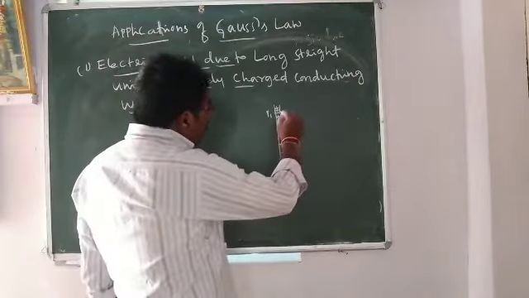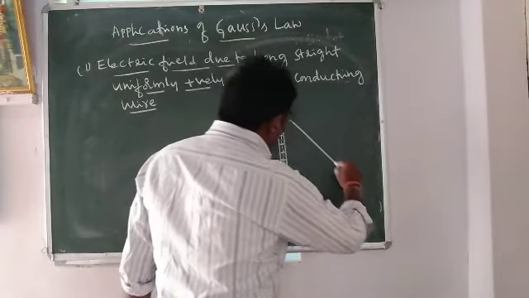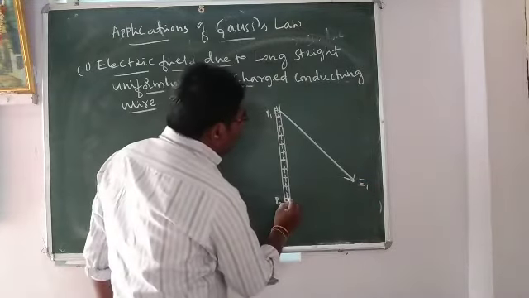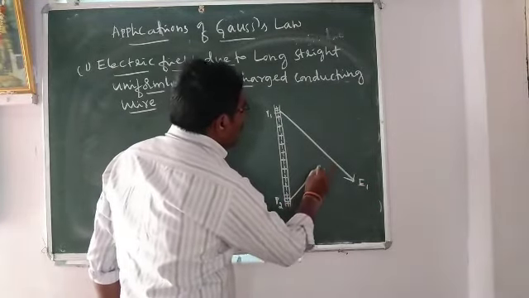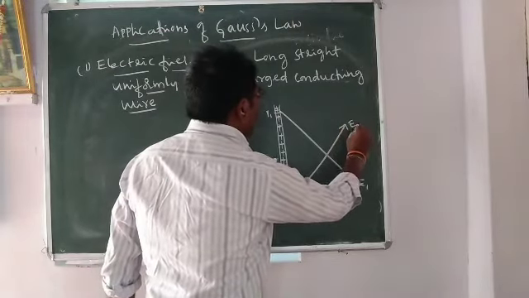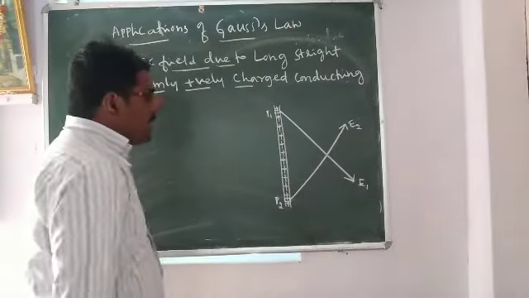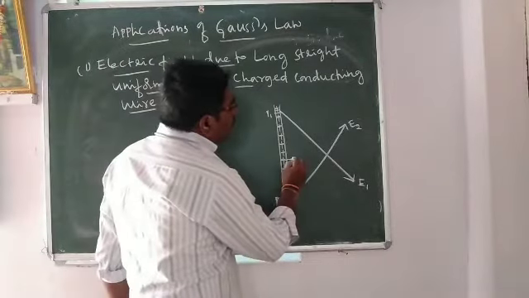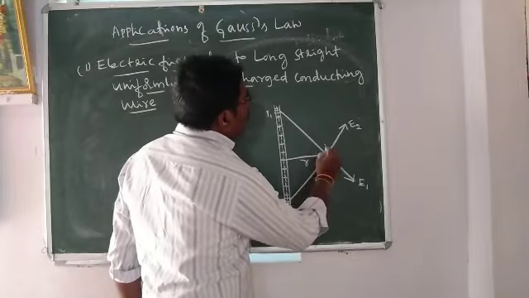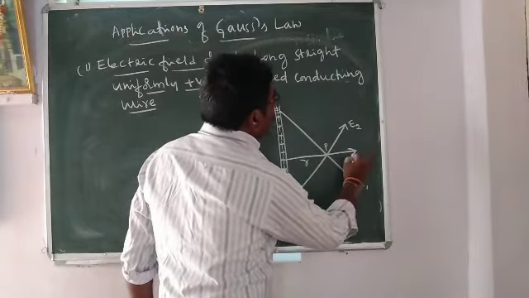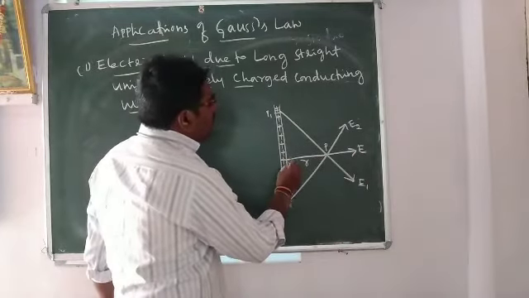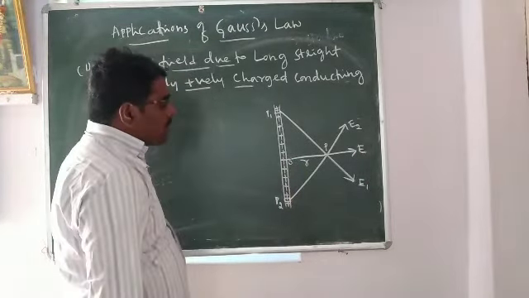Electric field due to P1 is taken along this direction, E1. Similarly, electric field due to P2 is taken along this direction, E2. The resultant electric field is along the radial distance at point P. This is the resultant electric field at point P, in the radial distance from the center of the wire.